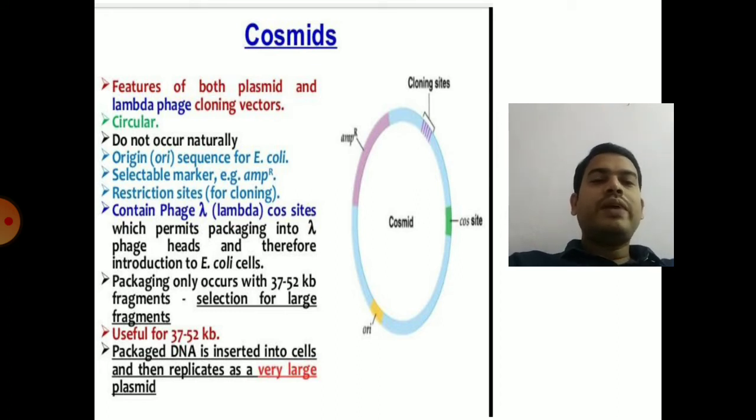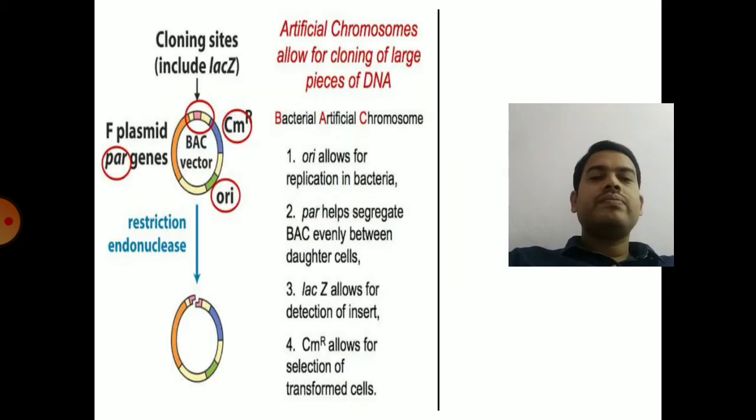The resistance marker present is ampicillin resistance, which can be used to identify the transformed and non-transformed cells. So that is ampicillin resistance, cohesive sites, origin of replication and cloning sites with regard to cosmids, which contain characters of both plasmid and lambda phage.